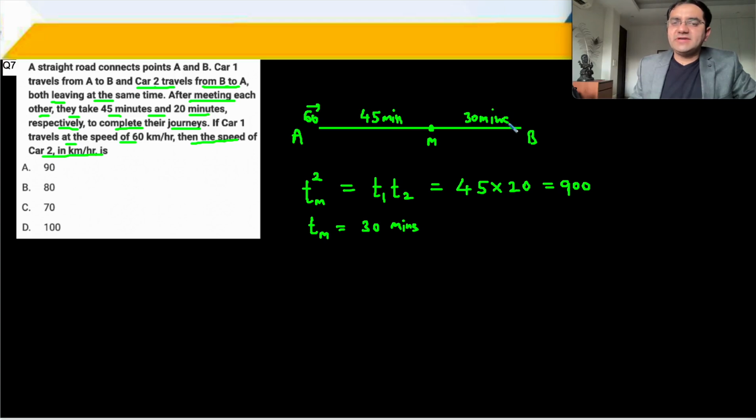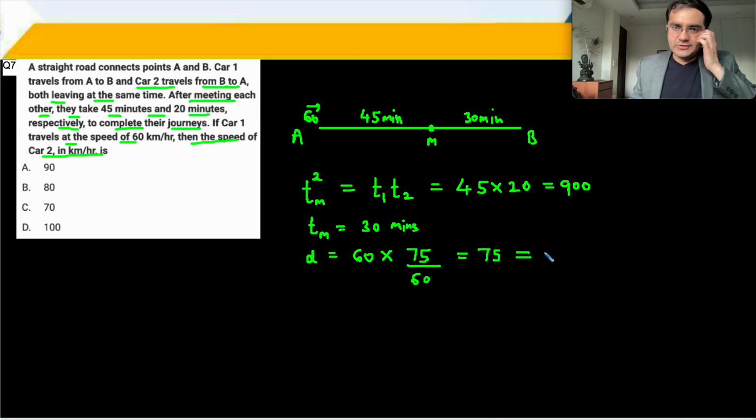That's a total of 75 minutes. Okay. So, what is the total distance that has been covered by car 1 at a speed of 60 kilometers per hour for a time duration of 75 minutes? Minutes converted to hours. A distance of 75 kilometers is the value of AB.